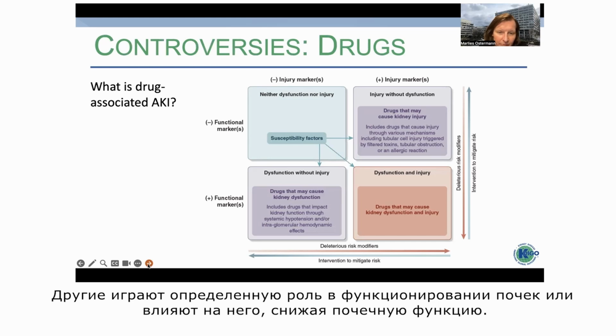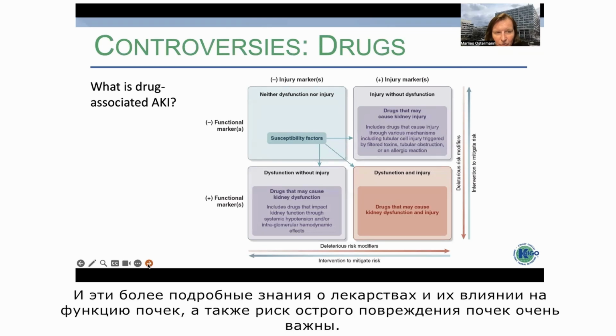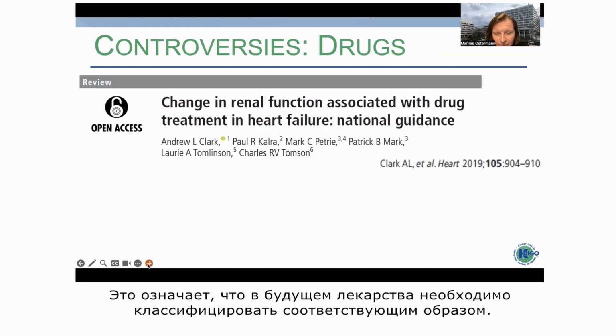Others impact kidney function by reducing glomerular function. And there are certain drugs that do both, i.e. damage tubular cells and also lead to impaired kidney function. And this more detailed knowledge about drugs and the effects on kidney function and risk of acute kidney injury is very important, but also means that in future, drugs need to be classified accordingly.